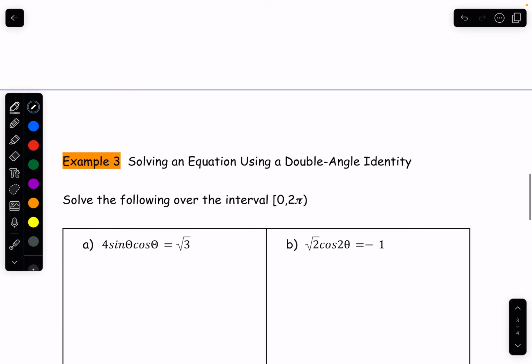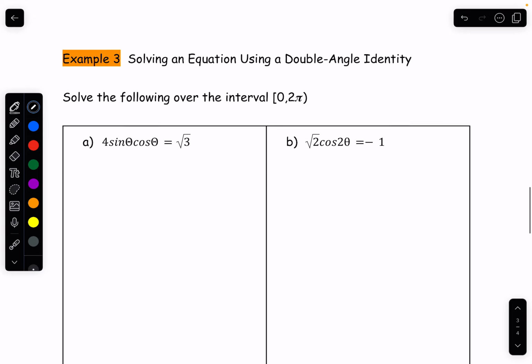And finally, our last example, again, we're going to be using the double angle identities. And we're going to be doing them just slightly a little bit different in this case. So here we've got 4 sine theta cosine theta equals the square root of 3. Unfortunately, we can't do any factoring, so we're going to have to do something else.